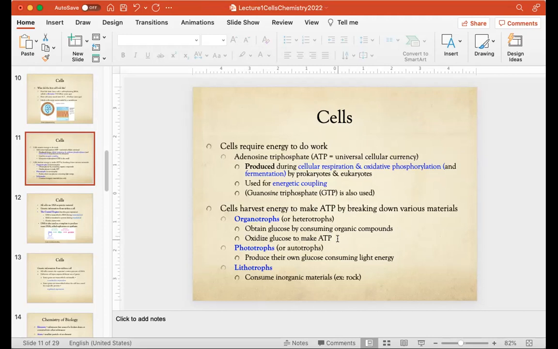That's cellular respiration, essentially. If we say that organism is an organotroph, the word organic in that word really means carbon containing. That's the scientific definition of organic, carbon containing.